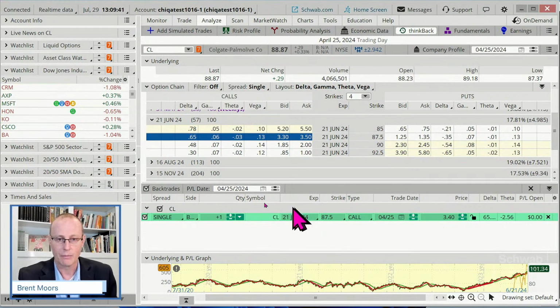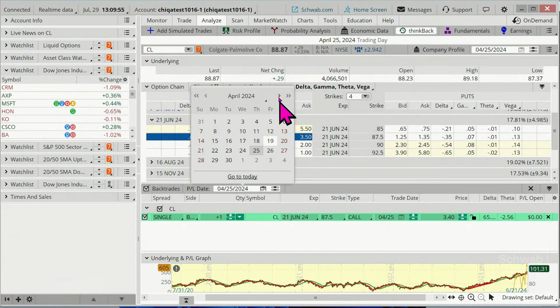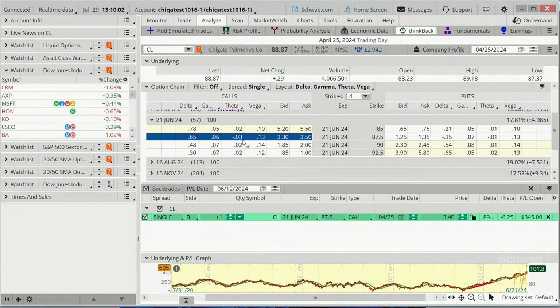So don't take this as promissory in any sense. But I'm going to change this date. There are two dates on the chart. One is our starting date, that's the upper right. Down here, this is our ending date, and our ending was June 12th. Let me go to June 12th on there.